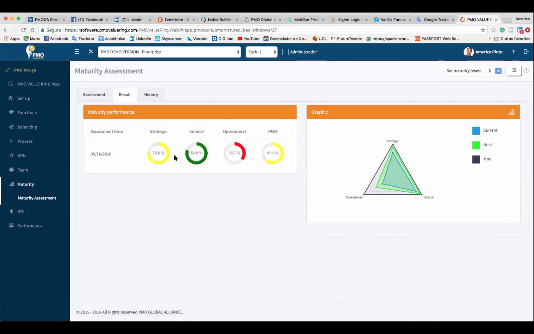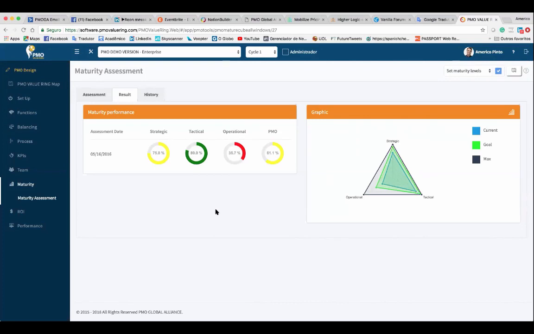So look, we have a high maturity in the strategic point of view. It means that we are providing strategic functions at a very high level of maturity, a very high level of sophistication. But we are delivering some operational functions not at a very high level of sophistication.